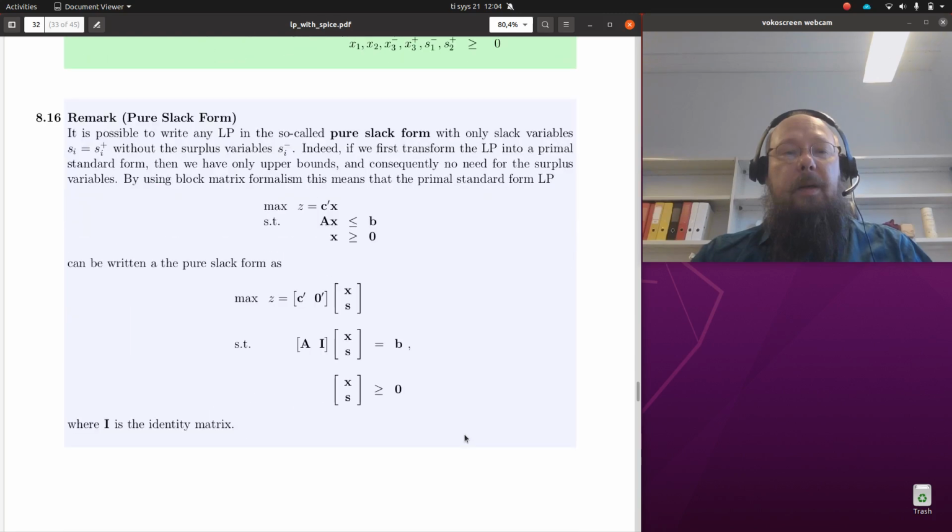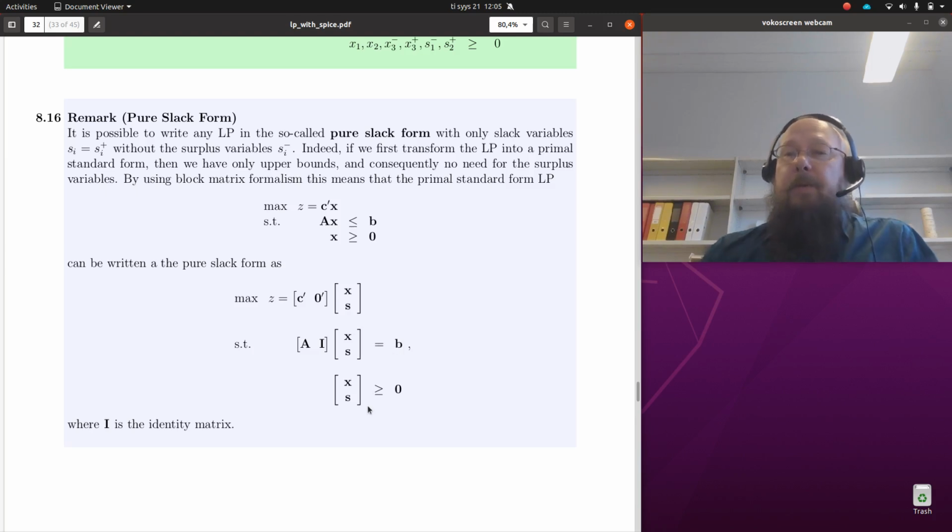So indeed, the constraints become like this. There is this original A, which is multiplied with x's, and then the slacks will appear after the A and x, which means that there will be I multiplied with s. Formally it means that this big block matrix is multiplied with this long decision vector, and this has to be b.